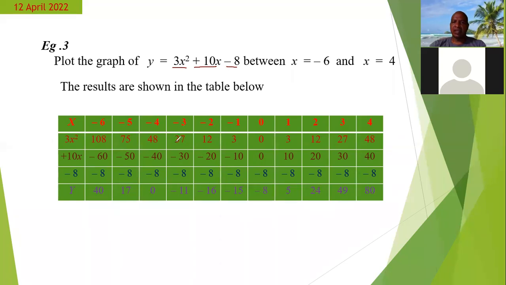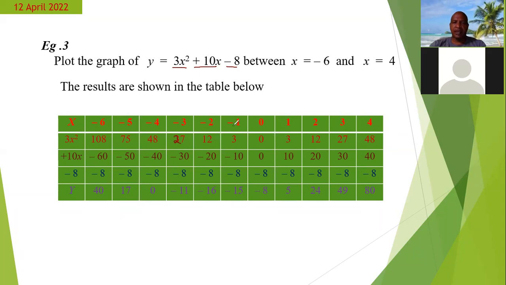I think this should be 27, guys, right here. So this should be 27 here. All right, so it means that we have to fix that calculation.